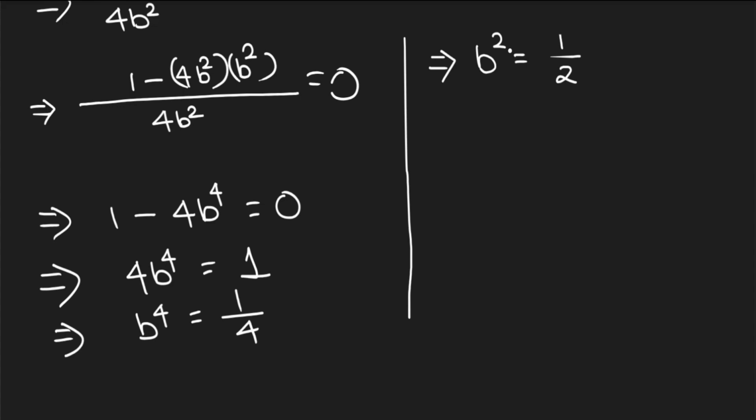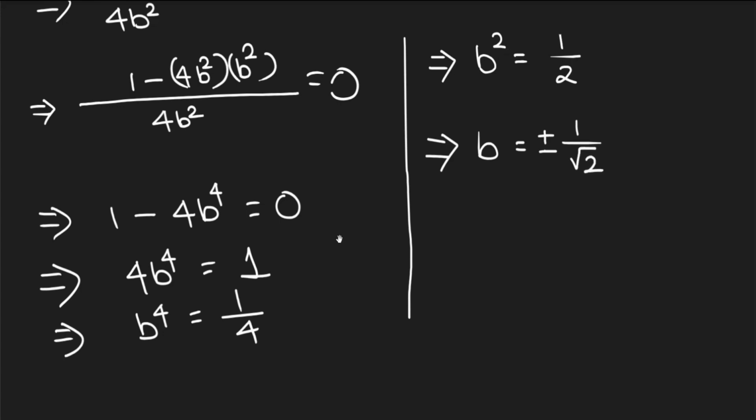If we take the negative value, that is minus 1 by 2, then the value of b would be an imaginary number, but b should be a real number. Hence we are taking only the positive value of b square. Again, when we take the square root of b square, it will become b, and the square root of 1 by 2 we can write as plus minus 1 by root 2.